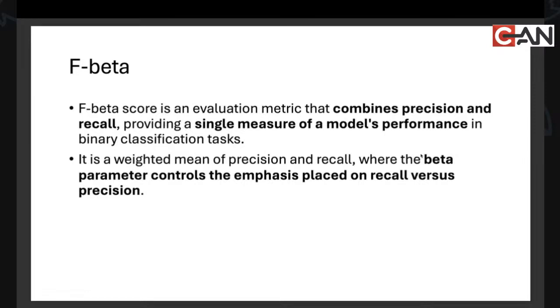However, it's a generalized formula where in F1, the reason it's called F1 score is because beta is equal to 1. So F1 is the F-beta score. It's just we're setting the beta parameter equal to 1. What if we set the beta parameter equal to something else? Depending on whether we get closer to 2 or whether we get closer to 0, it weights precision or recall.